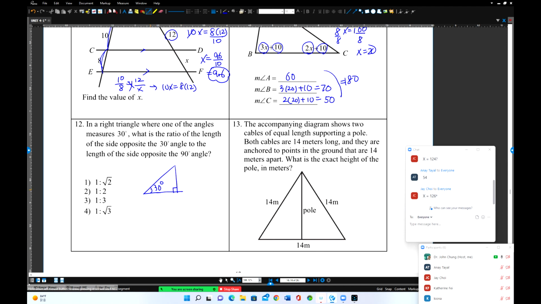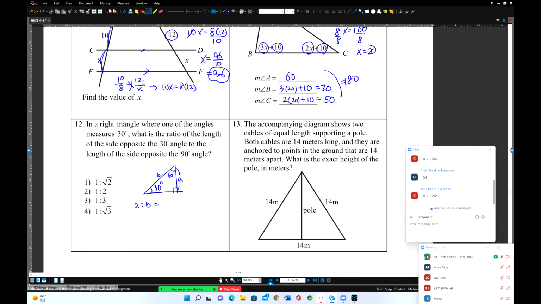One of the acute angles is 30, the other one is 60, we know this. What is the ratio of the length of the side opposite 30, this length, to the length of the side opposite the 90 degree angle, this is B? We're going to find the ratio A to B, isn't it?